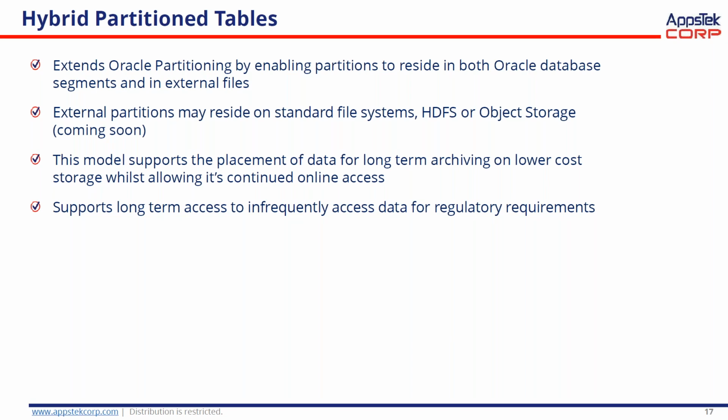The next great feature is hybrid partitioned tables. Before 19C, if we created table partitions, it was limited to within the Oracle database table. You could not point those partitions to external objects, like Excel or CSV files.